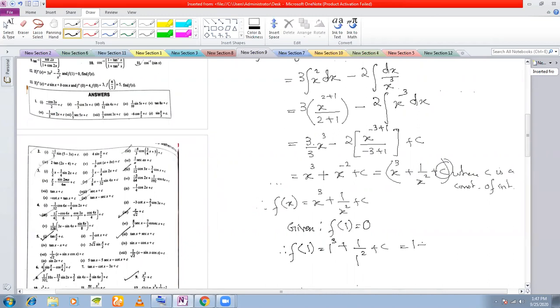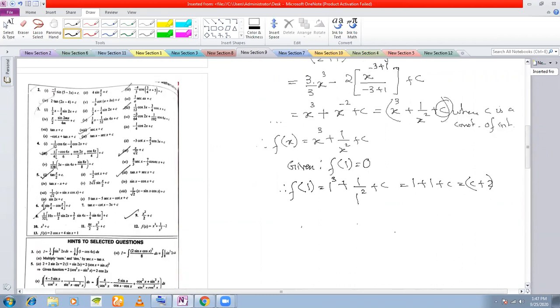So this is 1 plus 1 plus c, which is c plus 2. And f1 is equal to 0. Therefore c plus 2 must be equal to 0. That means c is equal to minus 2. Therefore, what is the value of fx? x cube plus 1 by x square plus minus 2, because c is minus 2.